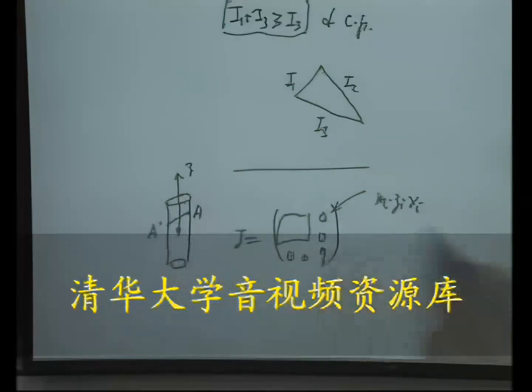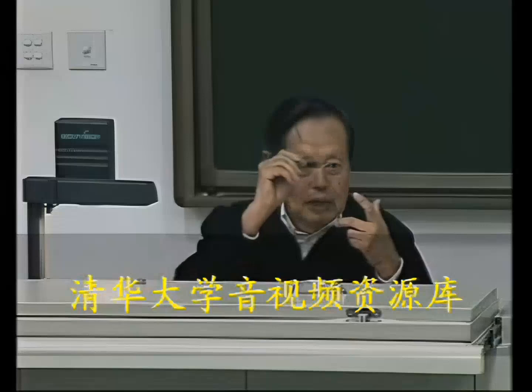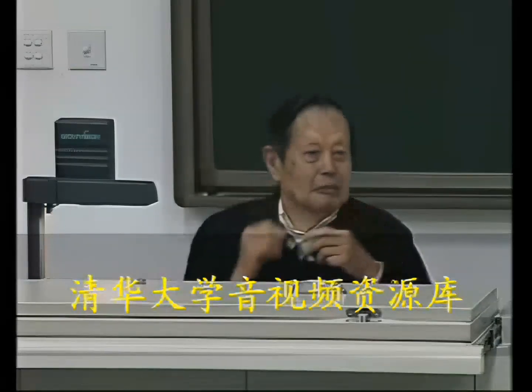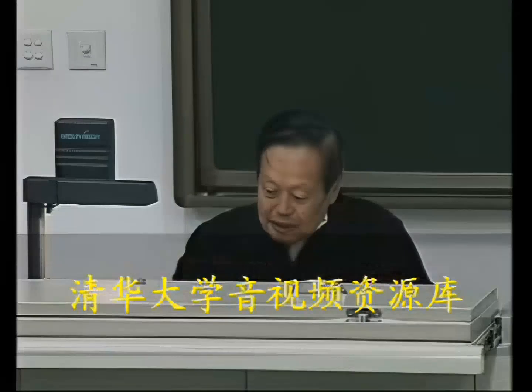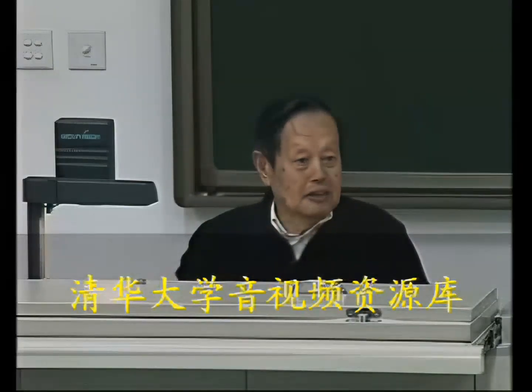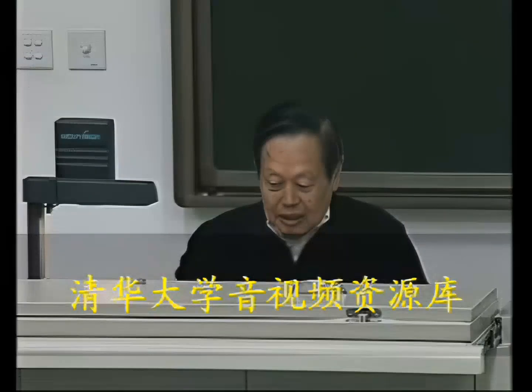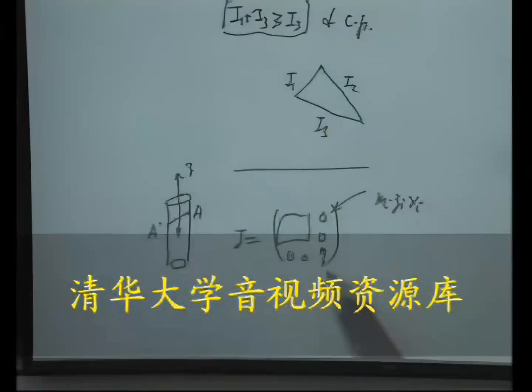This is something. If you think about it for a while, that means that the Z-axis is one of, because it's already diagonal. The diagonal means that the J in that coordinate system is I1, I2, I3. All the off-diagonal elements are 0. But we have already proven that these off-diagonal elements are all 0. So therefore, that shows that if you now diagonalize this one, that's enough. So therefore, the Z-axis is an axis of inertia.